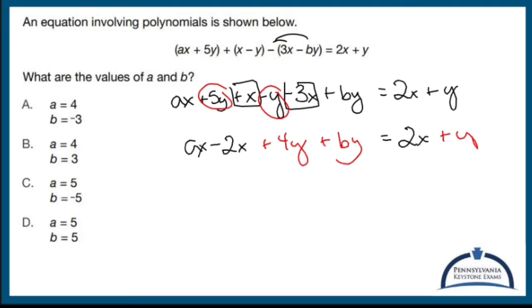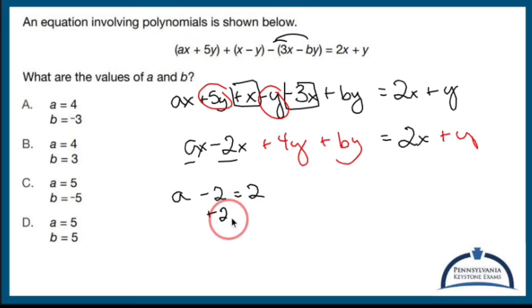All right. A minus 2x has got to match up with 2x. So a minus 2 has got to equal 2.